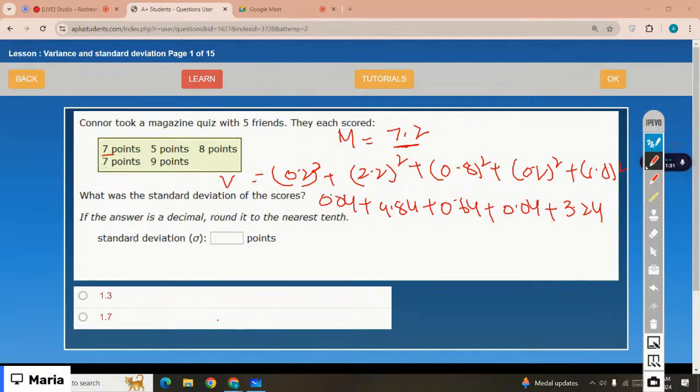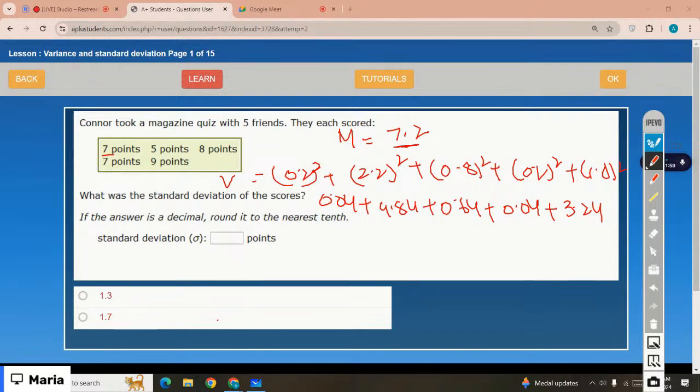So just add them. That is 0.04 plus 4.84 plus 0.64 plus 0.04 plus 3.24. That is 8.8, and 8.8 divided by 5 is 1.76. So that means the standard deviation is 1.7.